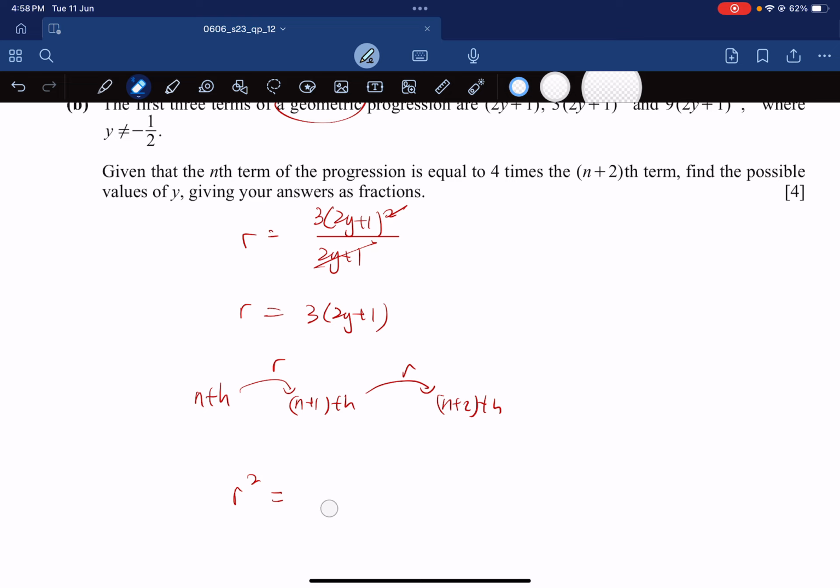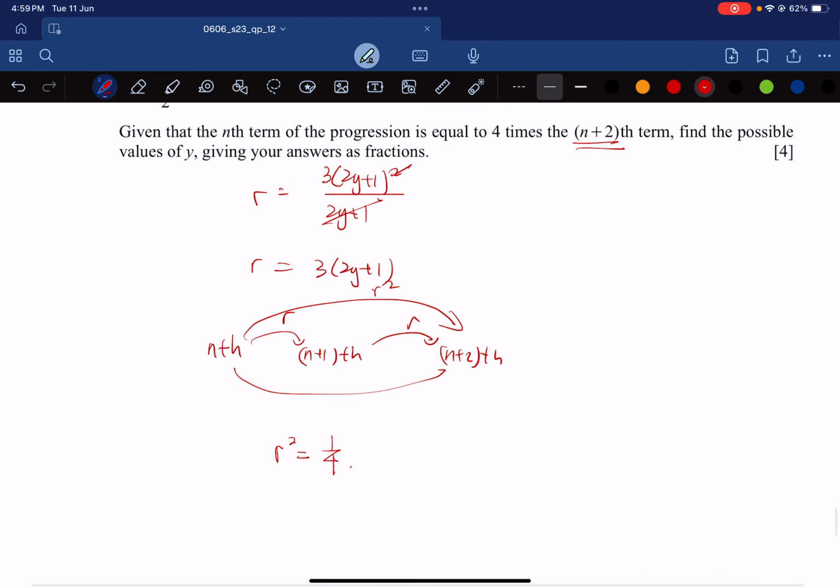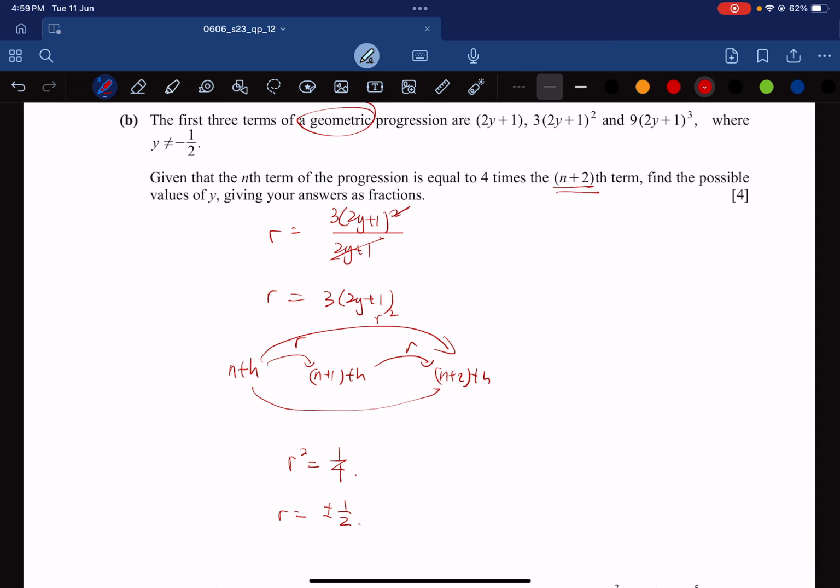You multiply the r 2 times, but the nth term is 4 times larger than the (n plus 2)th term. So r squared should equal 1 over 4, right? Which means that r should equal plus or minus 1 over 2.